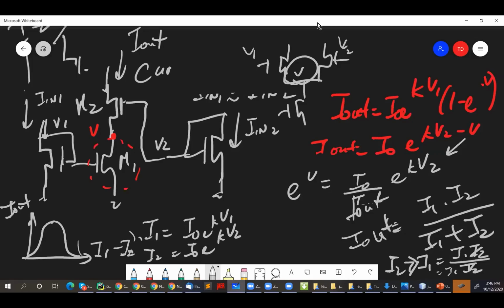And this v depends on the common mode voltage of V1 and V2, right? So if you move V1 and V2 down, down, down, then the v is also going to follow. And if the v gets too close to ground, then this transistor will go out of saturation, right? So the equation applies most of the time, but if your common mode voltage is too low, then the equation changes. Okay. Thank you.